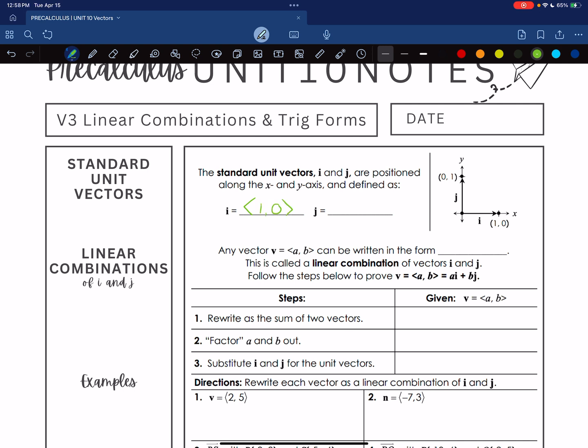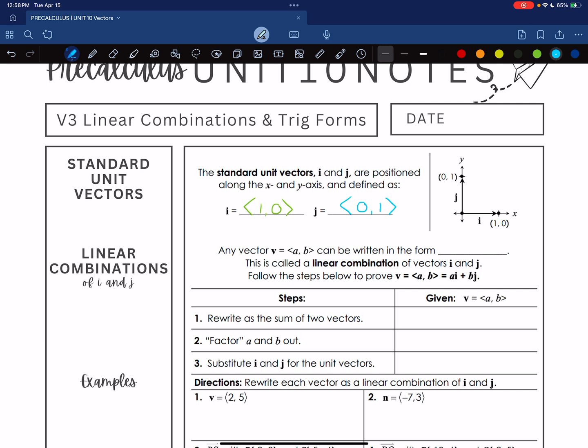And j, that vertical vector, is going to have components 0, 1. Which makes sense. These correspond, if you're thinking about your unit circle, with those quadrant angles. And so we're looking at those special little unit vectors.